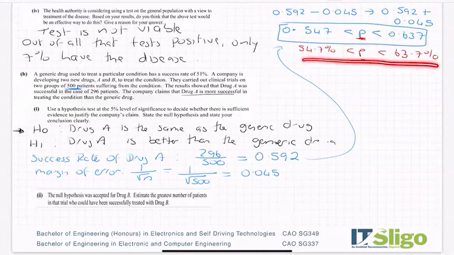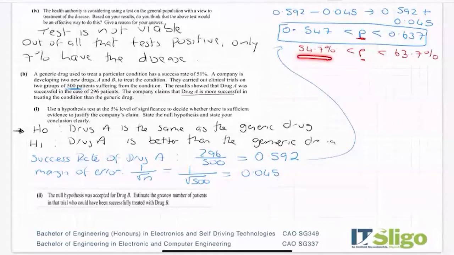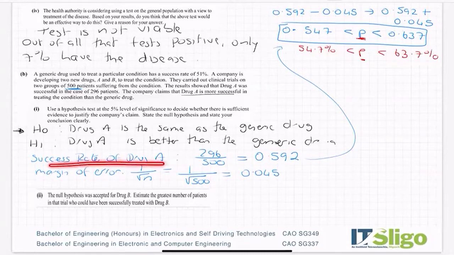So when I read this, I know that the population value is somewhere between 54.7 and 63.7%. In the context of the question, the success rate of drug A is somewhere between 54.7% and 63.7%. So that's my data.